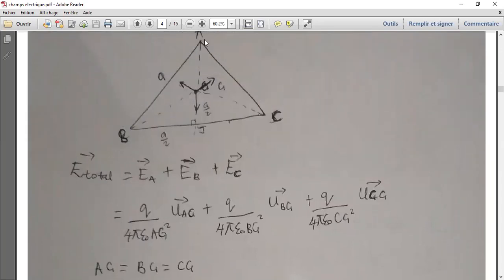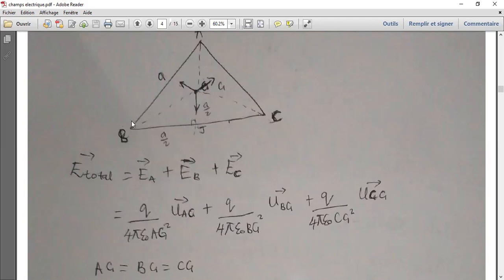AG squared is the distance from here to the point where it's causing, which is G. Since we said R squared was the distance between the causer and the receiver, since it's coming from A, we consider AG. So it will be AG squared times the unit vector UAG, moving from A to G.